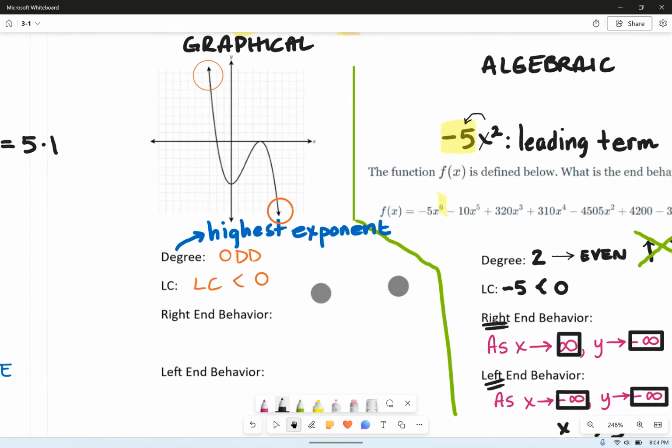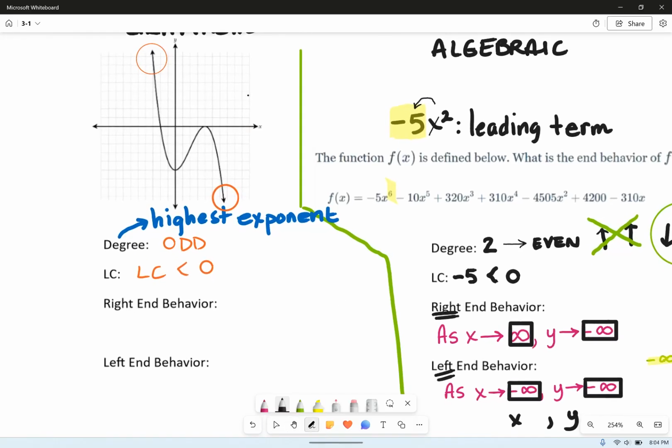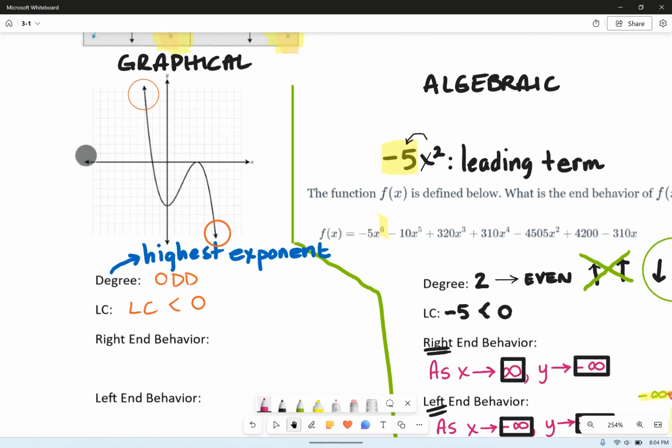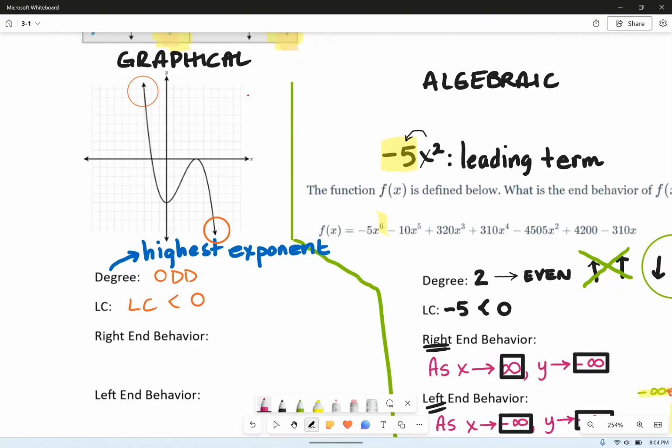It's already drawn out. So let's see, this arrow up here, in the upper left, it is going left for horizontal movement, and it's going up for vertical movement. Okay, and this one down here, it's definitely going down.